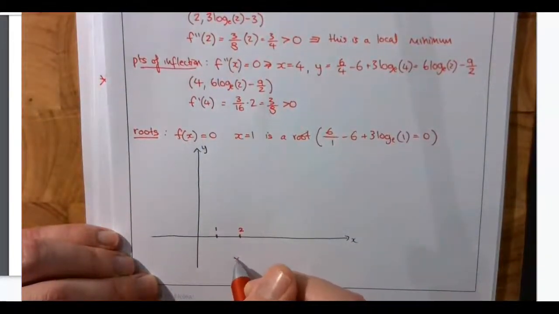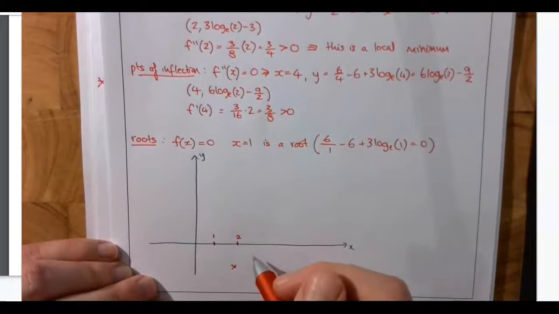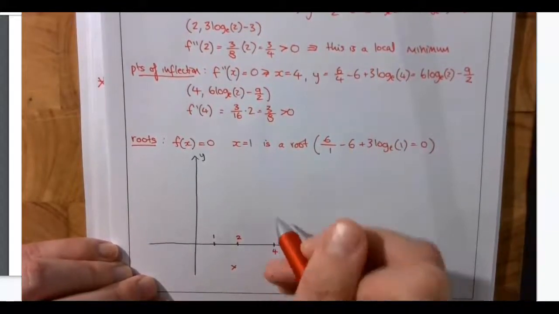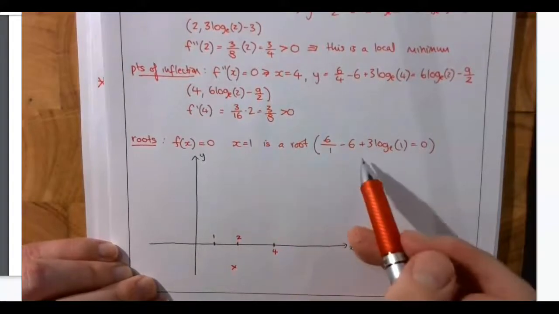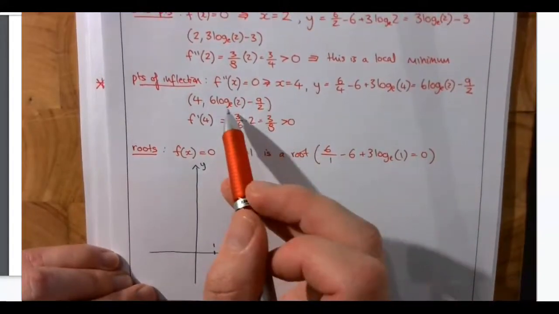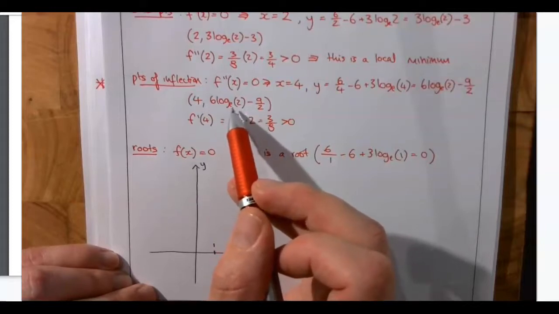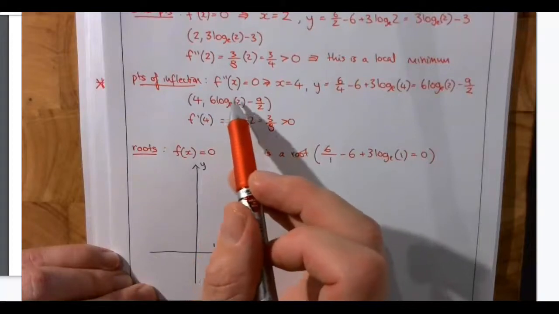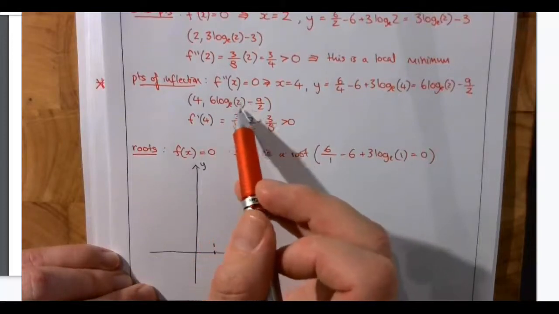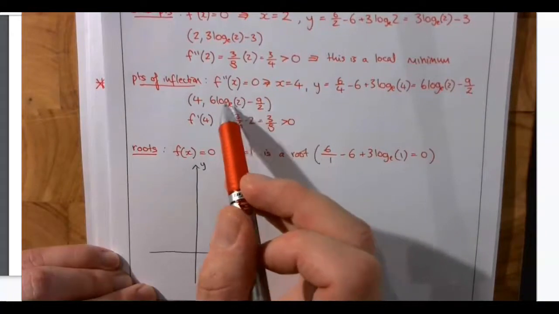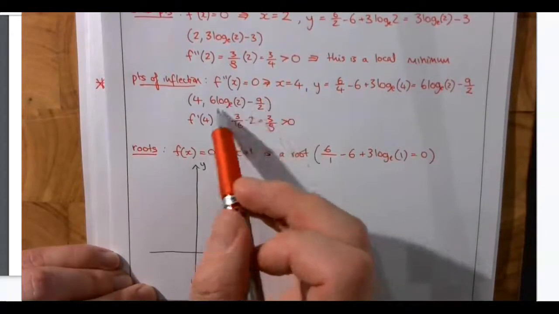But we have a minimum here, and then we're going to have this point of inflection at 4, and looking at the y-coordinate of that, log e of 2, it's smaller than 1, but it's bigger than 0.6, if you like, so this actually works out as positive.